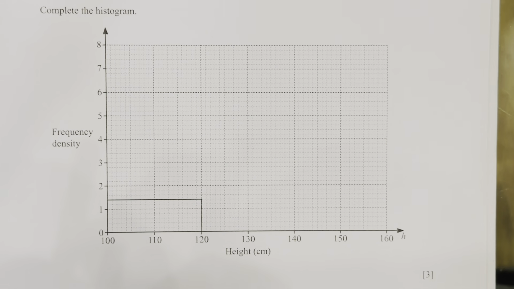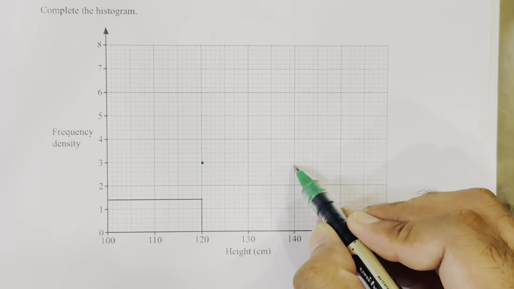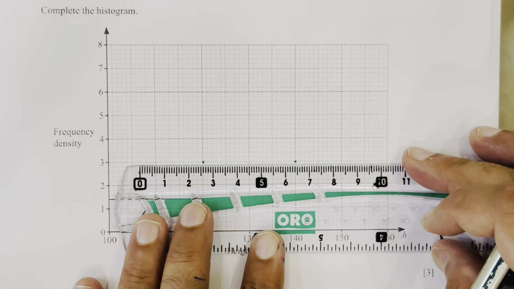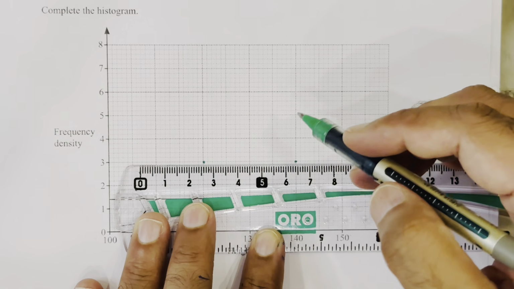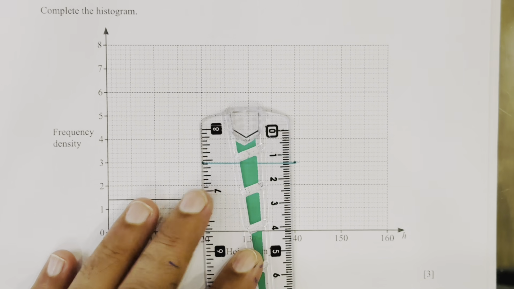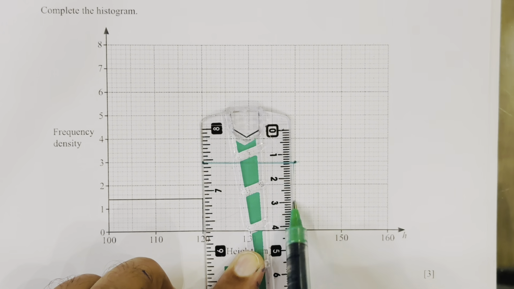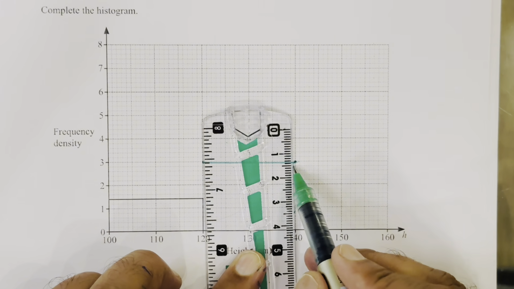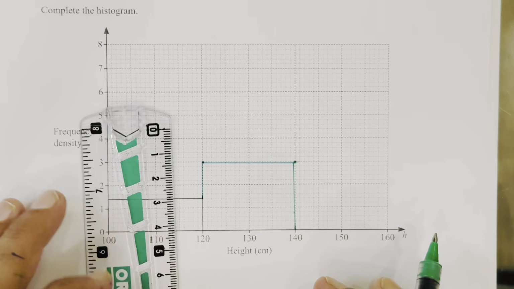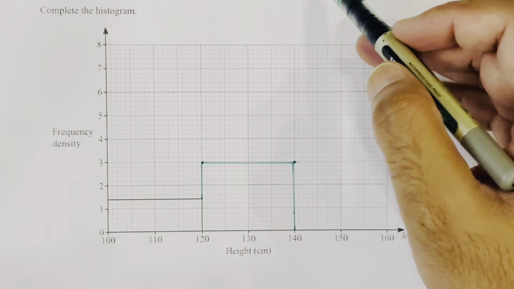Okay, first one is plotted, 1.4 to 120. Next one we have to plot, and it is 3 to 140. Now the next value is 6.8.